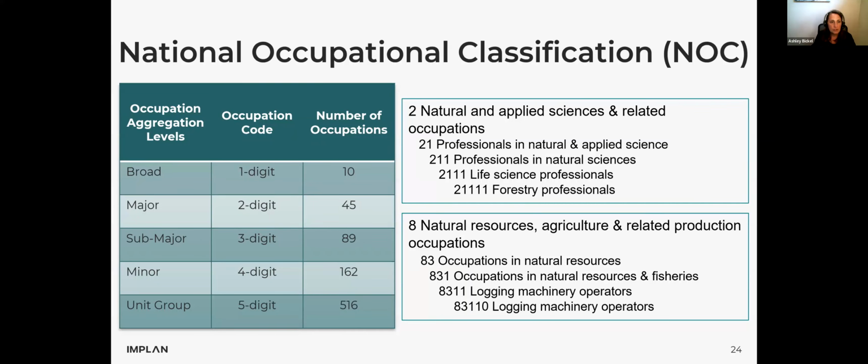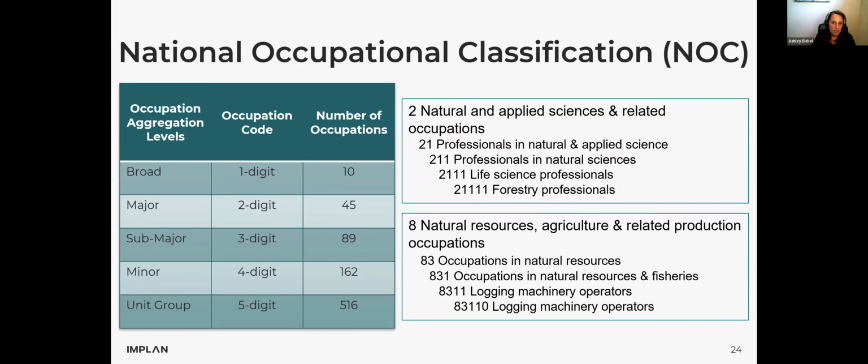The first digit of the code represents the broad occupational category. For example, natural resources, agriculture, and related production occupations start with the digit 8. Health occupations, on the other hand, start with the digit 3.